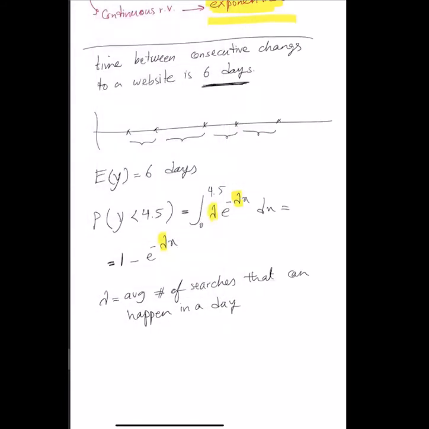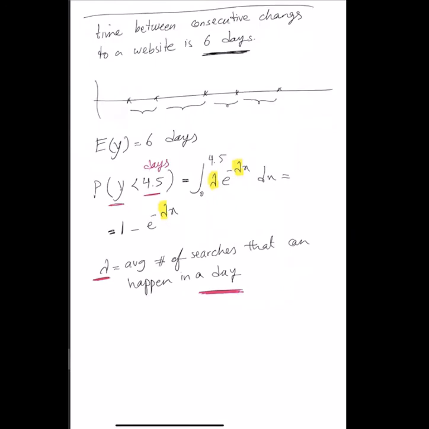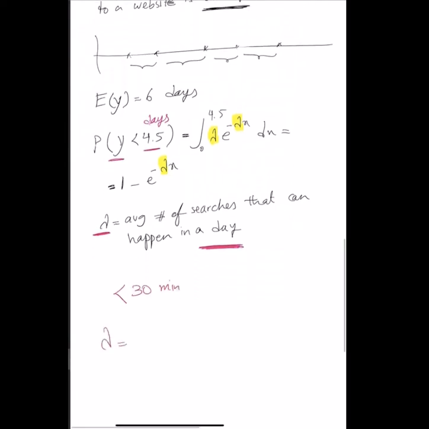If the question says, what is the probability that the time till next change is less than 4.5 days, then your lambda should also show the average number of changes that can happen in the same time frame, days. If the question says, what is the probability that the time till next change is less than, I'm just making this up, 30 minutes, then your lambda should show the average number of changes that can happen in minutes.